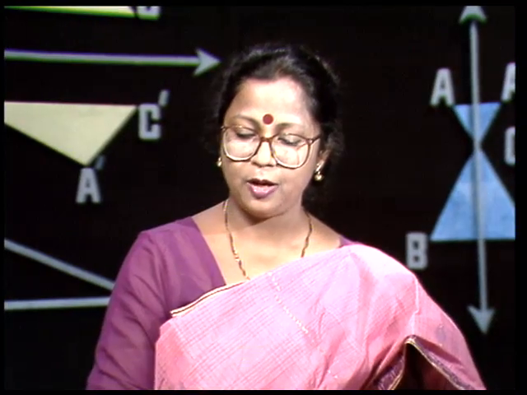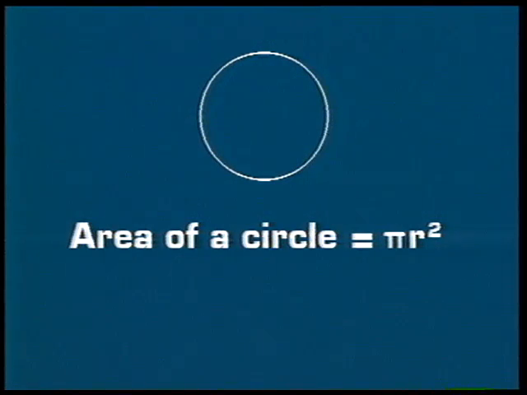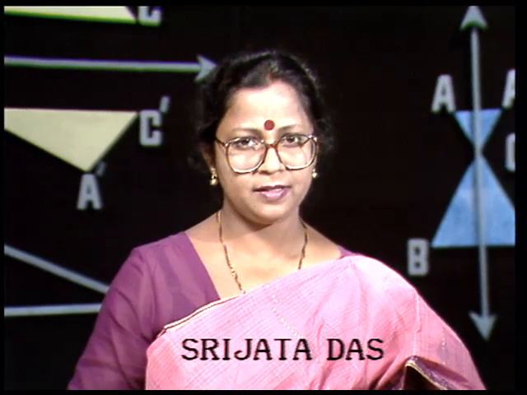Therefore, the area of this circle will also be equal to pi r square. So, what is the area of a circle? Area of a circle is equal to pi r square units, where r is the radius of the circle. Let us again see how we can use this formula for finding out the area of a circle in solving a few problems.